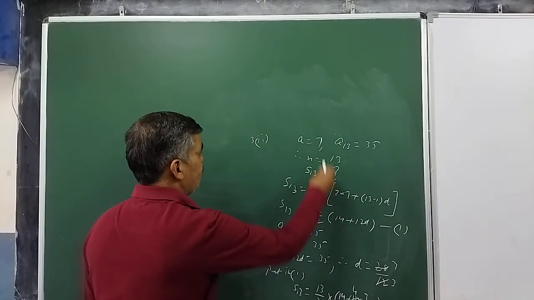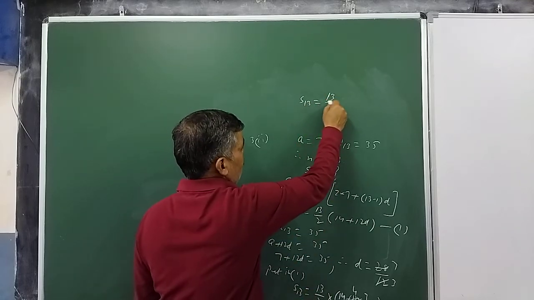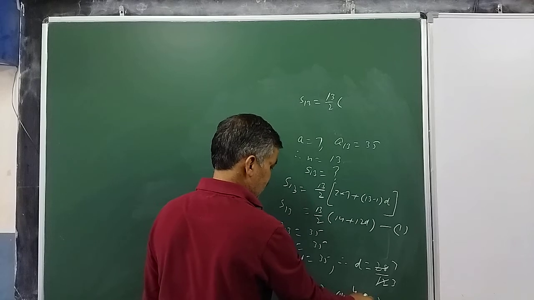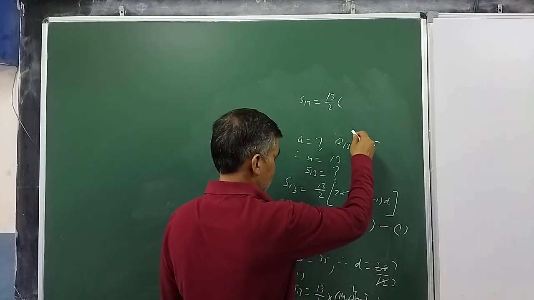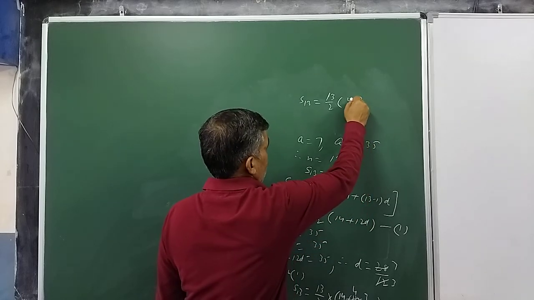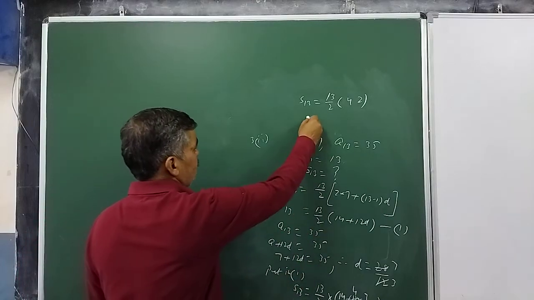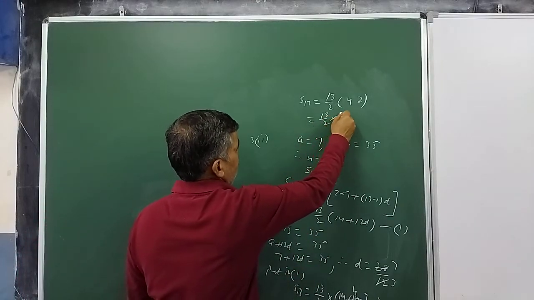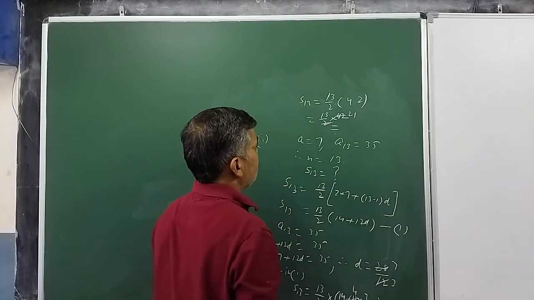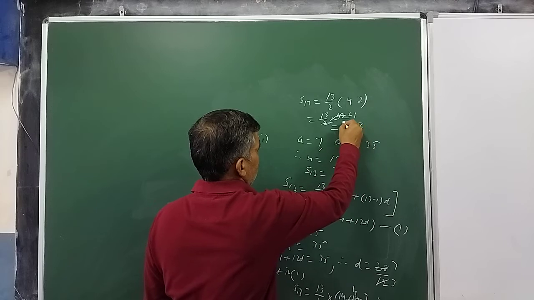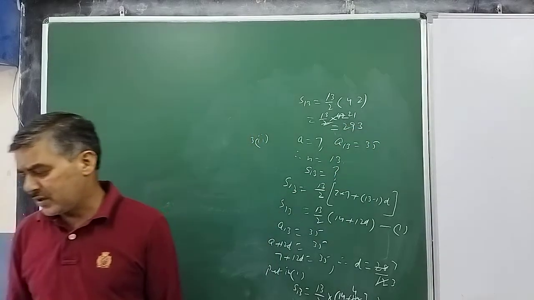Then finally you are left with S13 is equal to 13 upon 2 into 14 plus 28. 14 plus 28, that is 42. So finally 13 upon 2, 42, 21 are, so 273 will be the answer for this.